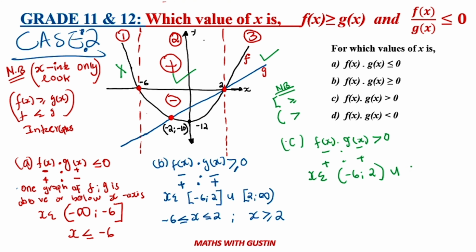You've got, or, where x is the element from positive 2 up until positive infinity, close bracket. To express this in terms of inequality, it is going to be x is less than negative 2 and x is greater or equal to negative 6. Then the last one here would be x is greater than 2. Please take note, guys, here we are not using square bracket because it's only greater.